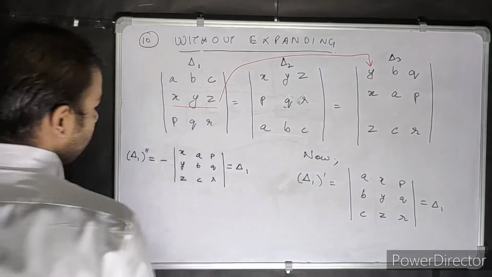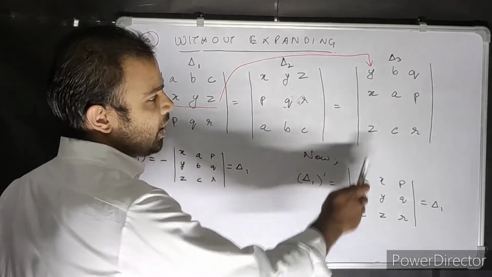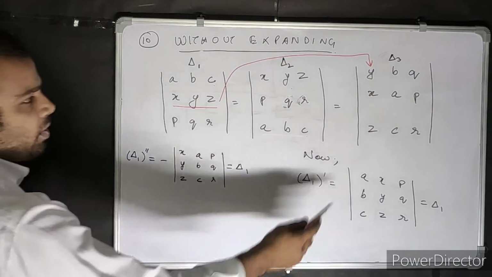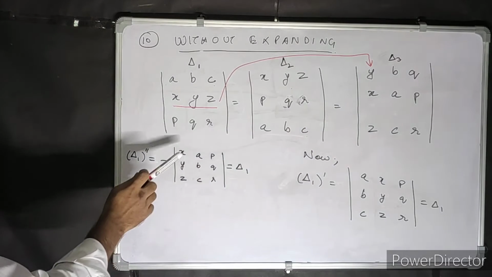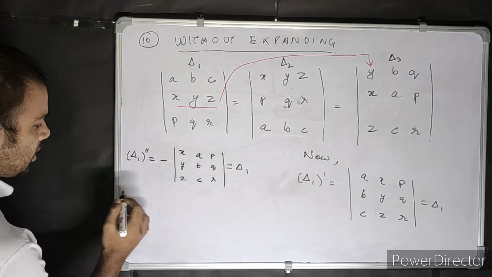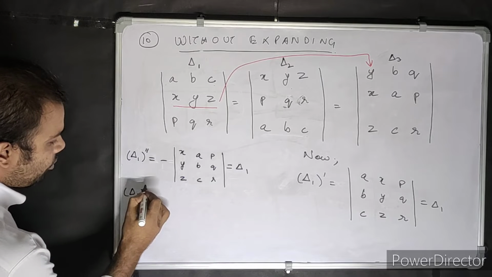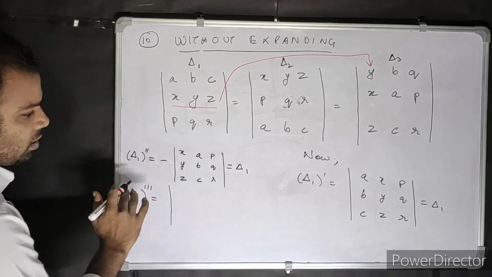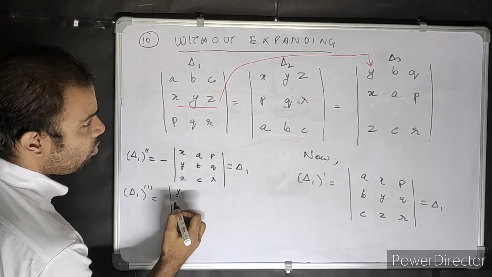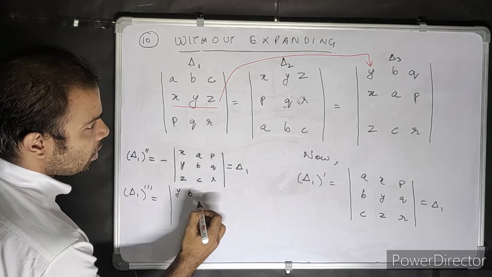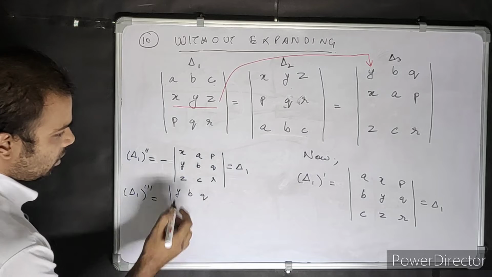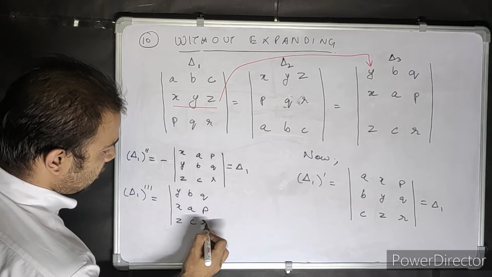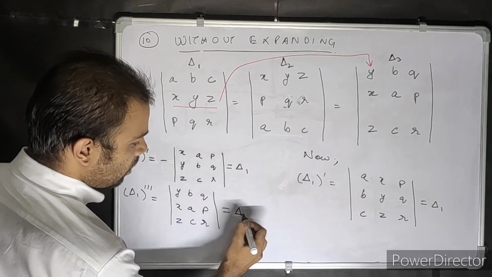Now look very carefully. What I have to do is make this determinant 3. I have my x in the middle, but my x is up on top here. So let's change that again. The next one, determinant 1 triple dash, will be equal to, the negative becomes positive because the row is changing. So I have a y on top, then I have b, then q, correct, then x, a, p, and the down one is the same, which is equal to determinant number 3.